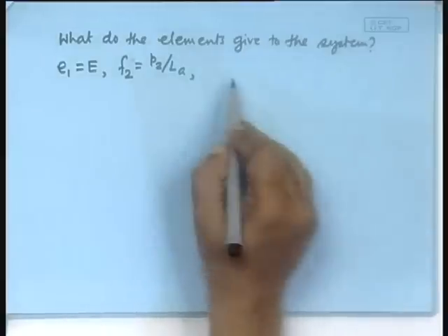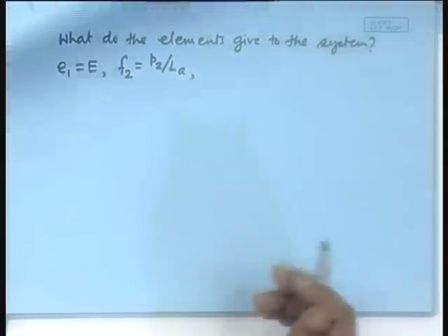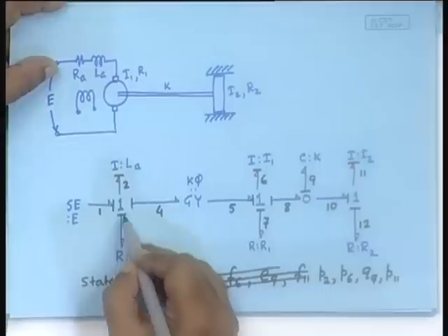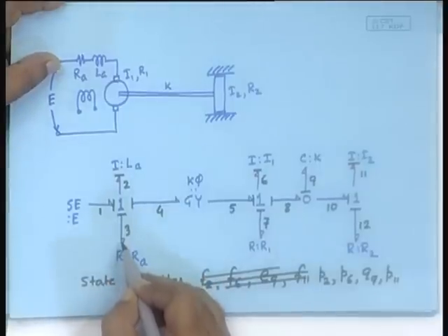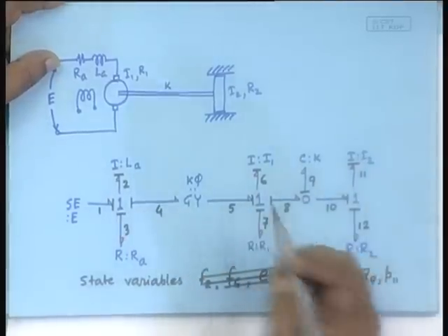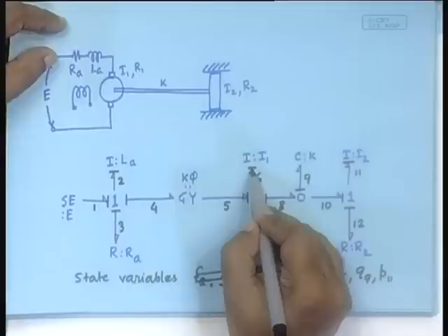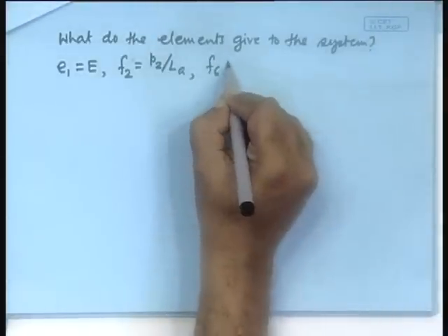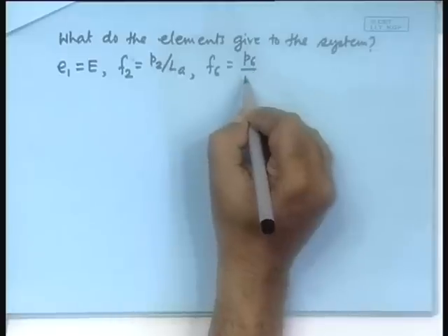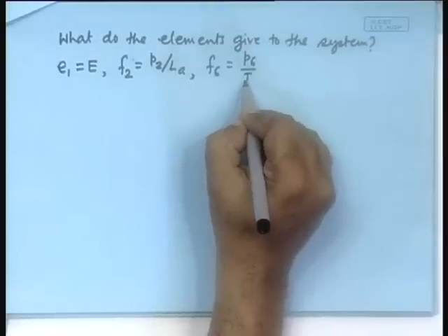I am just writing with commas so that we conserve space. Let us finish the storage element, it will be easier. F6 is equal to P6 by I1.